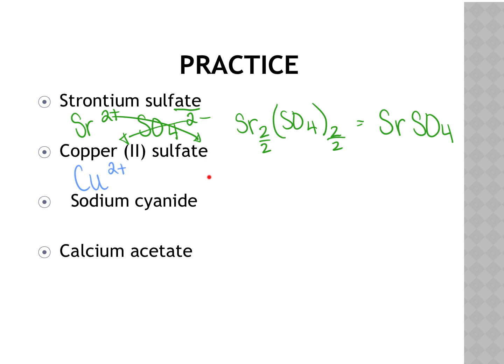Okay. Ate is your clue to go look on the back side. So what's the formula for sulfate? Good. Okay, what's our next step? Okay, crisscross. What do we get after we crisscross?